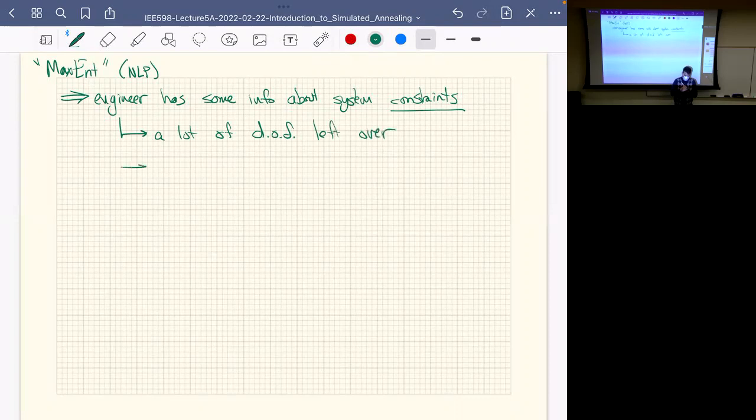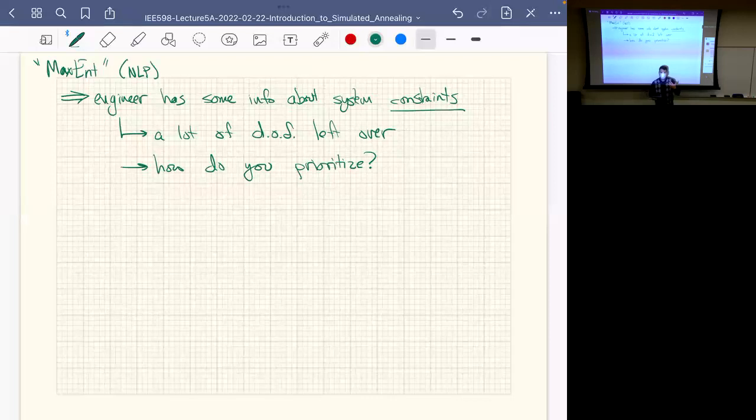So how do you prioritize? You could come up with a lot of different ways, but you'd probably accidentally introduce some of your personal biases into the distribution. You say, well, if I know there are no adjectives, I better show the verbs or something like that.